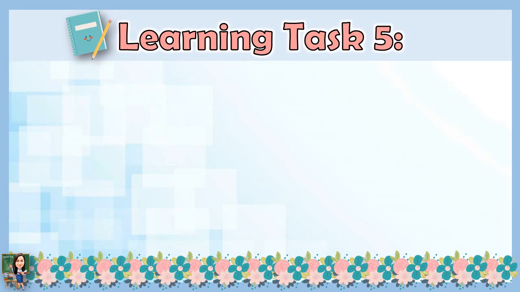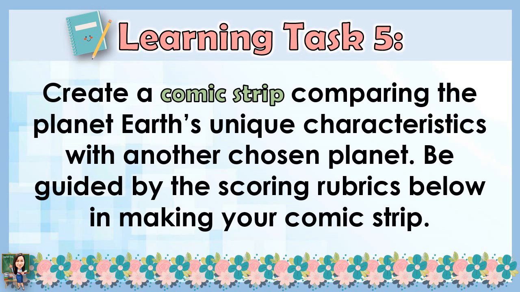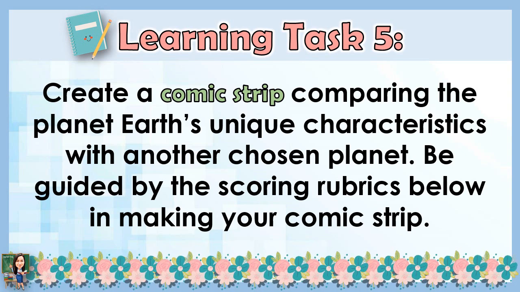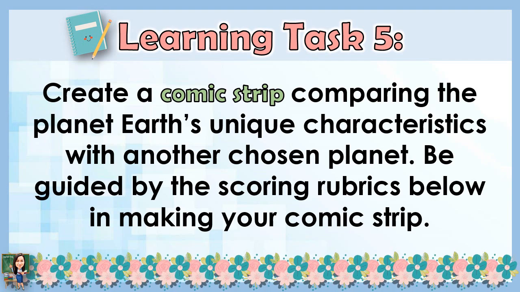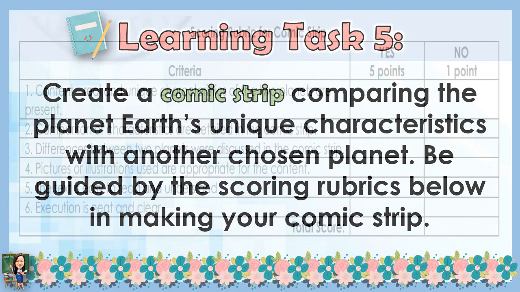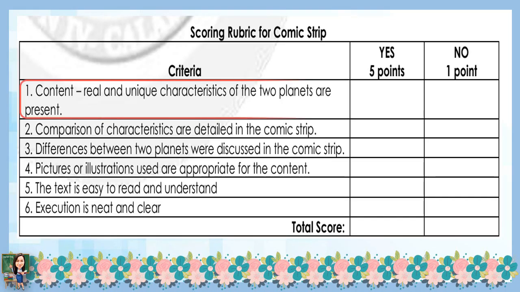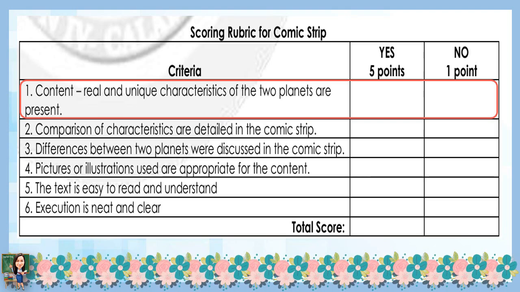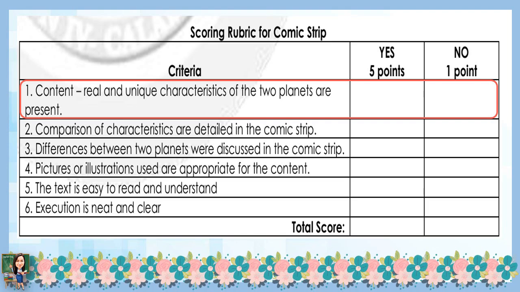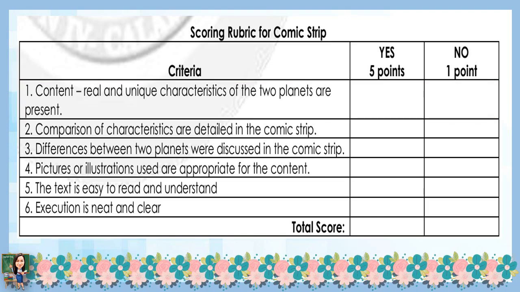For learning task 5, create a comic strip comparing the planet Earth's unique characteristics with another chosen planet. Be guided by the scoring rubric below in making your comic strip. First criteria is content, real and unique characteristics of the two planets are present. Yes, 5 points, and no, 1 point.